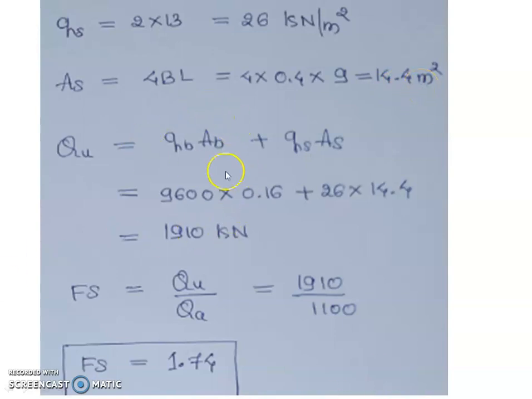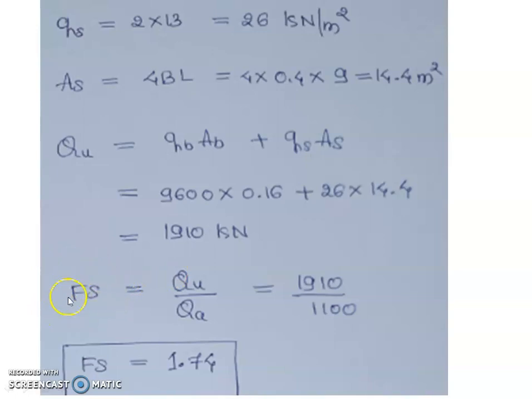Now we have found out all the values to get the value of ultimate load. So QU will be QB AB plus QS AS. QB was found out to be 9,600, AB is 0.16, QS is 26 and AS is 14.4. So with this we get QU as 1910 kilonewton.